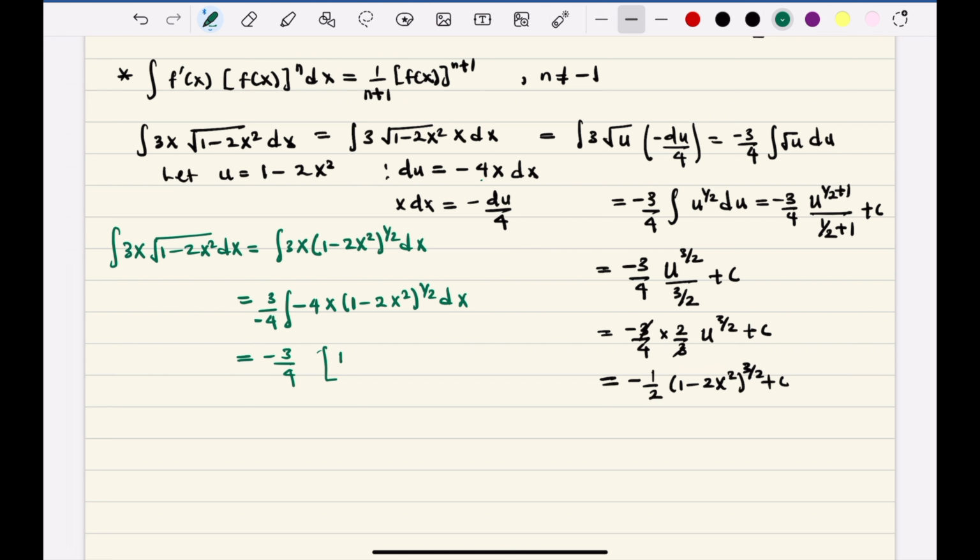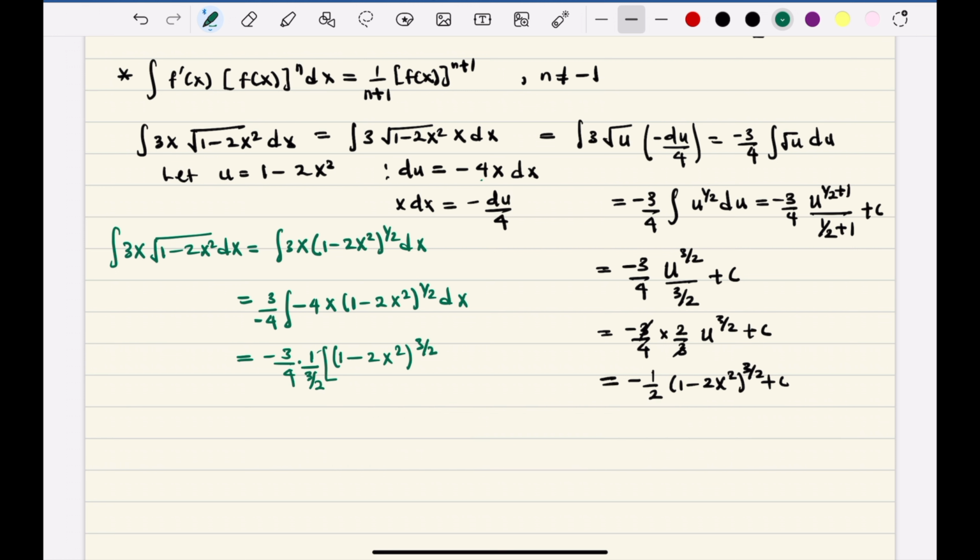Okay, that's going to be 1 minus 2x squared raised to the power of 3 divided by 2, because 1 plus 1 over 2 is 3 over 2. Then multiply it by 1 divided by n plus 1, which is exactly 3 divided by 2.